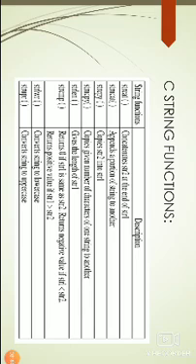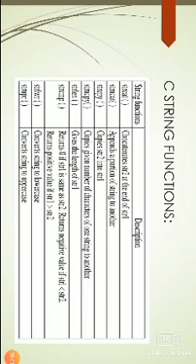Next is strncpy, which copies a given number of characters of one string to another. strlen gives the length of the string. Next, strcmp, string compare, returns 0 if str1 is the same as str2. So 0 means string 1 is the same as string 2.